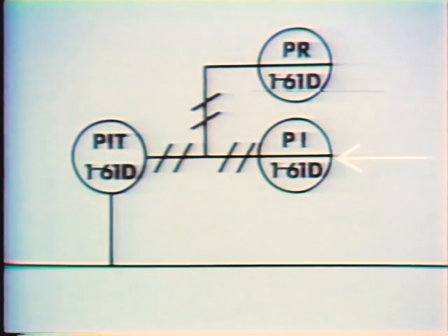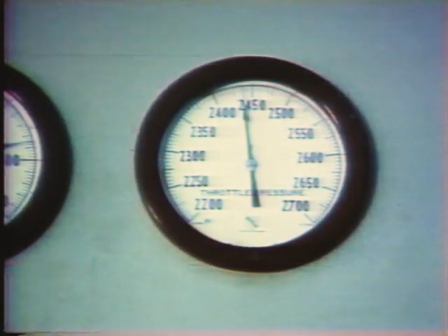The actual recorder looks like this. This instrument is a remote pressure indicator. It's identified by the letters PI. This gauge is the actual indicator that is used. It's mounted on a panel in the control room.